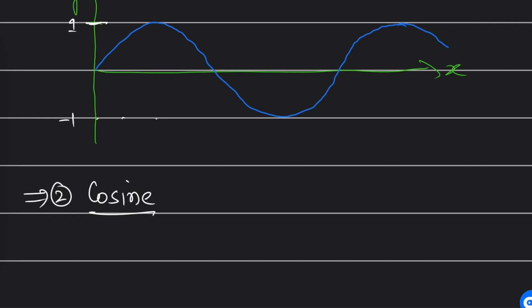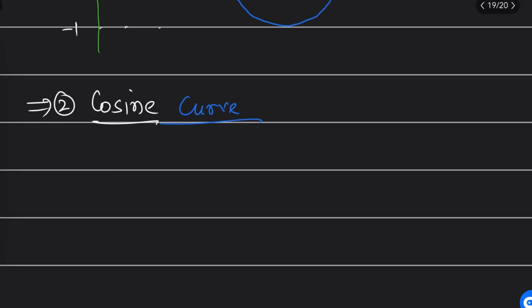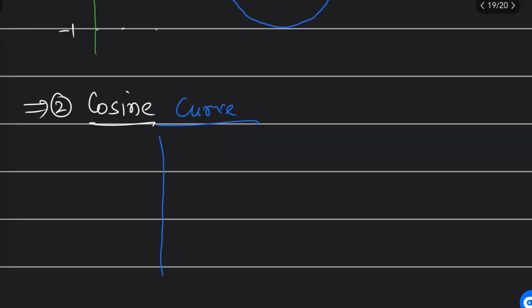Let me discuss this, sir. The cosine curve is looking like this, sir. In the cosine curve, the cosine starts from an extreme, then it will become 0, then it will go to the negative extreme. Wait a second.